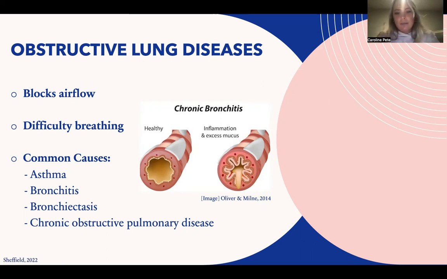Bronchiectasis causes the respiratory tubes to widen and prevents the ability to clear secreted mucus. This is usually due to infections such as pneumonia and inherited dysfunctions like cystic fibrosis. Lastly, chronic obstructive pulmonary disease, also known as COPD, is the chronic inflammation of the respiratory tubes and/or lung tissues, which is usually caused by chronic bronchitis or emphysema.